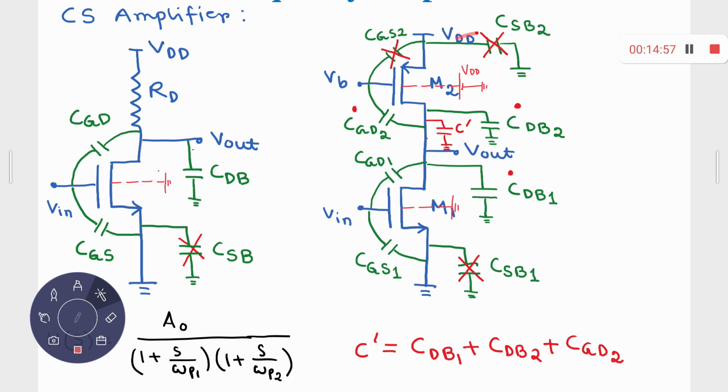It has already been shown that you can neglect CGS2 and CSB2. Why? Because for MOS M2, source 2 is connected to VDD, which is equivalent to AC ground. Gate 2 is connected to VB, which is also equivalent to AC ground.